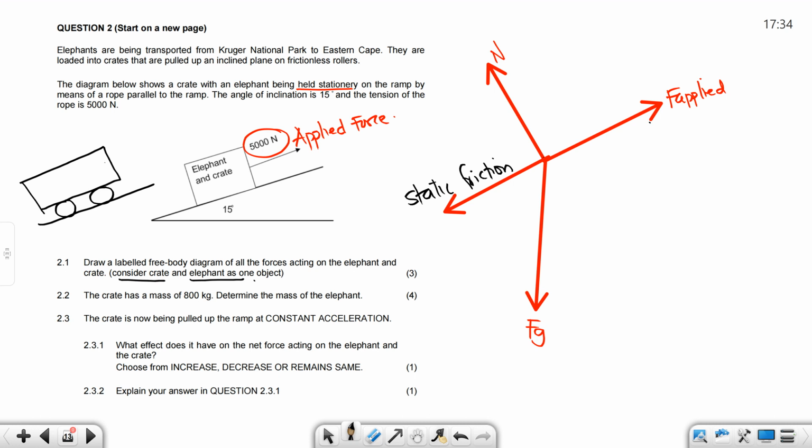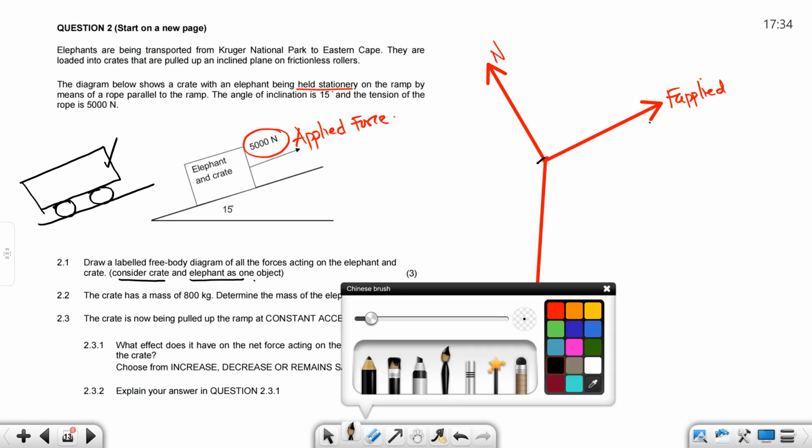Where's the crate? That. It's frictionless here. So static friction should be out. I hope it makes sense. They didn't say on. So the rollers are the ones in between the surface. If the rollers were not there, I'd put static friction. So the examiner says between.